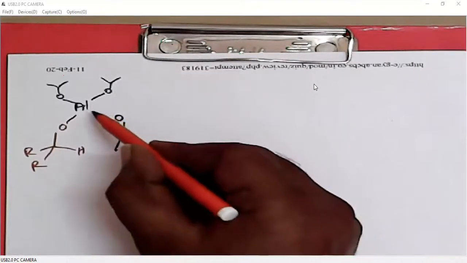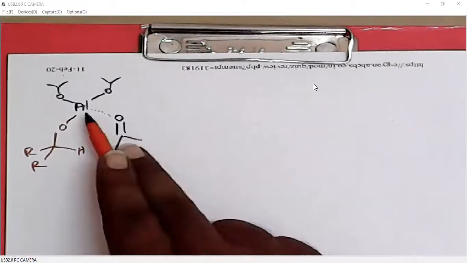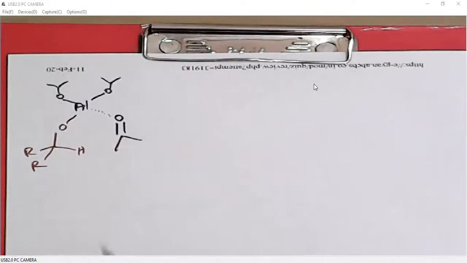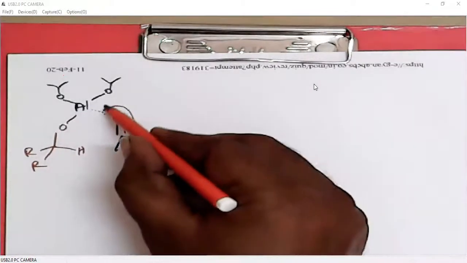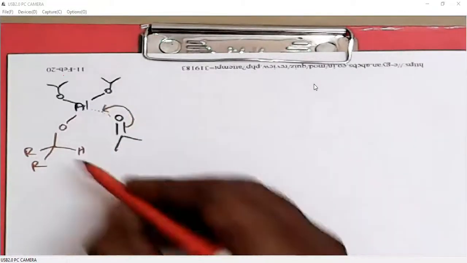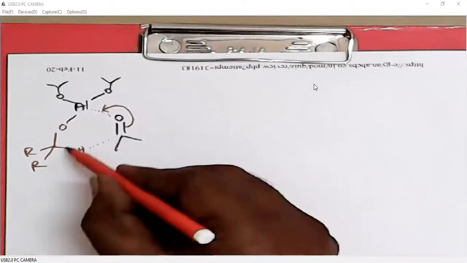Acetone oxygen will be interacting with the aluminum, because oxygen is electronegative and aluminum is electropositive. So acetone will first be coordinating with aluminum. Then in a 6-membered transition state, what happens? It forms a bond with aluminum, then this H with the entire bonding electrons.